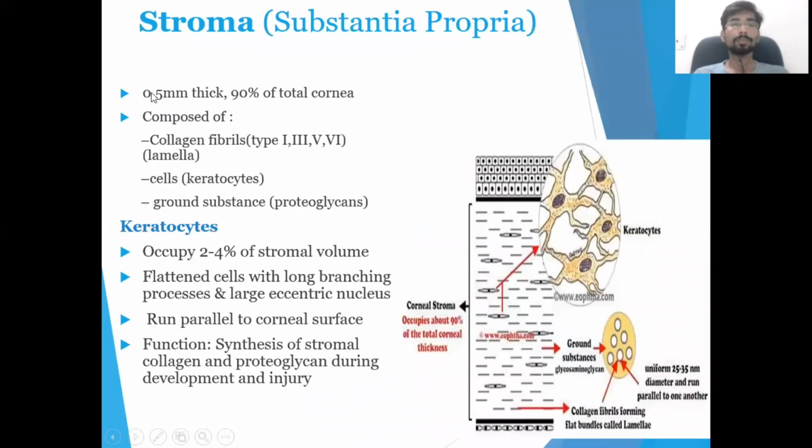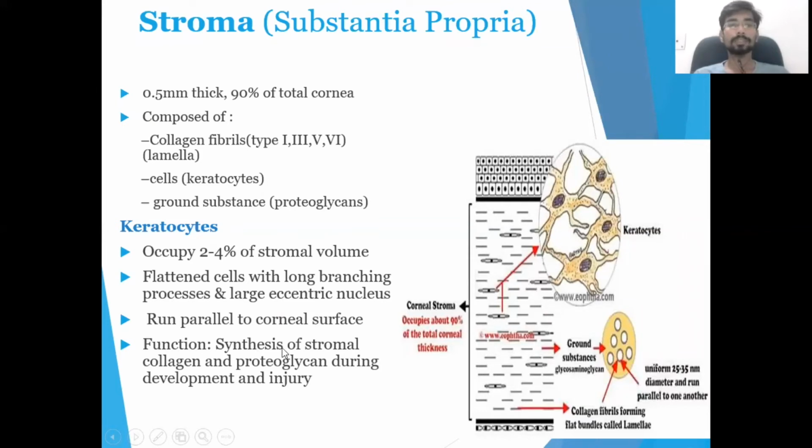Next is the stroma, 0.5 mm in thickness, 90% of the total cornea, composed of collagen fibril types 1, 3, 5, 6. The cells are keratocytes, and the ground substance is proteoglycans. Keratocytes occupy 2 to 4% of stromal volume, flattened cells with long branching processes running parallel to the corneal surface.